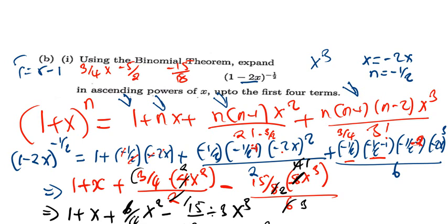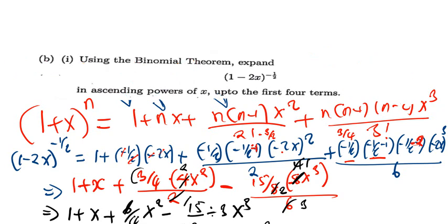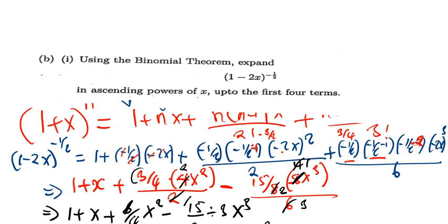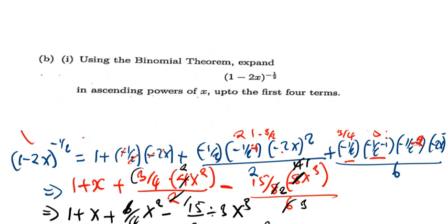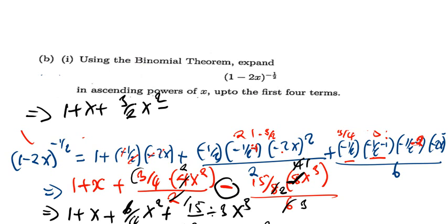Therefore the final answer becomes this. So the final answer will be 1 plus x plus 3 over 2 x squared minus, so we had minus here, remember, let's not forget this negative, and this negative which was on 8 here is supposed to give me positive now, so this should be positive.